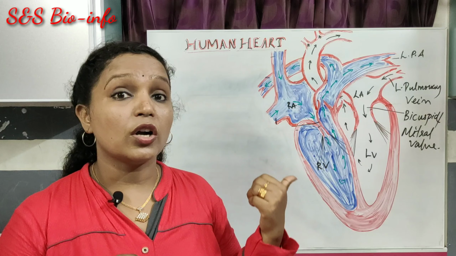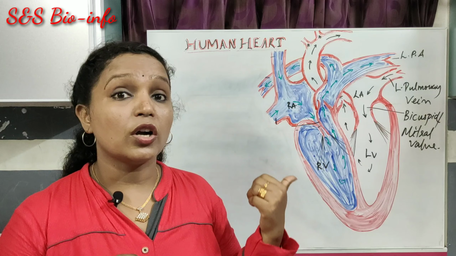There is a wall in between the right atrium and the left atrium that is called interatrial septum. Then similarly, there is a wall in between the right and left ventricles that is called interventricular septum.